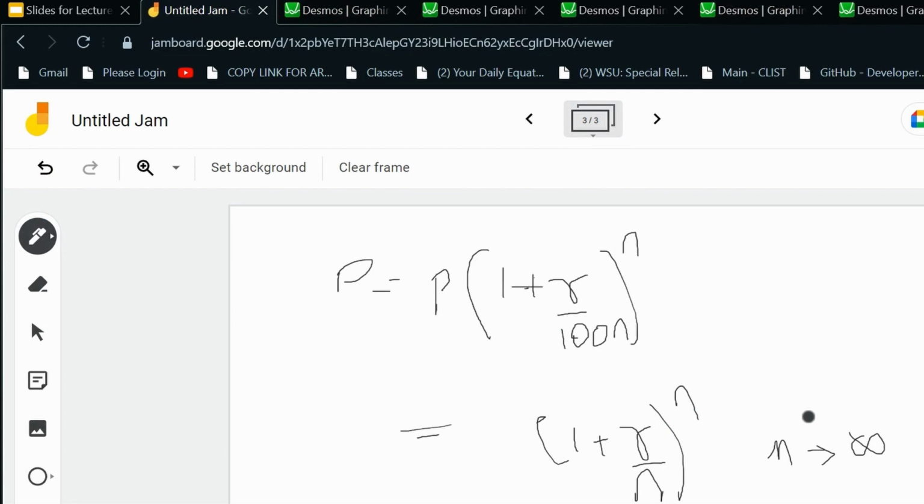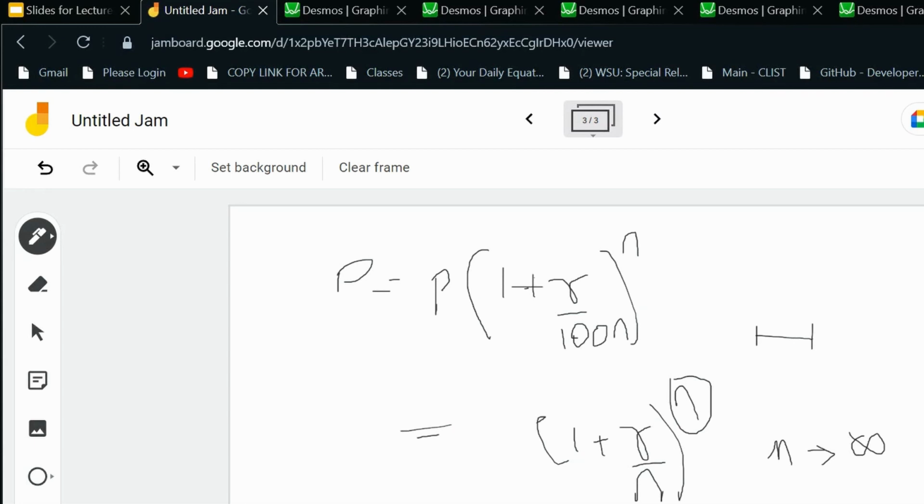So if we take a set amount of time and compound it continuously, the number of steps we take is infinite. Now as this is a limit, the limit is basically e raised to the number.